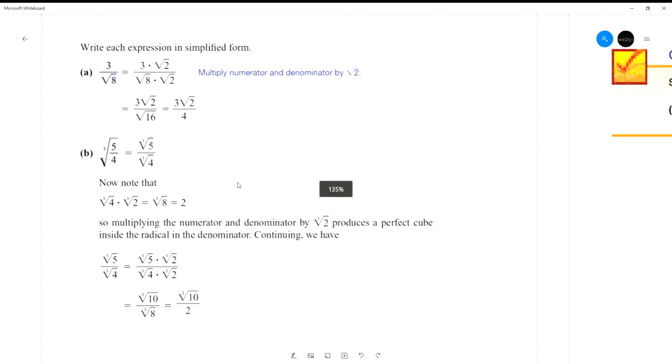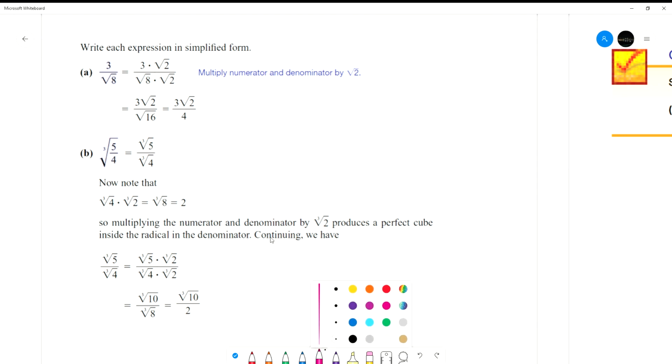Okay. You will see in these problems, let's do them. Okay, so we have 3 over root 8, right? So this is why you don't want to multiply it by itself. Just don't assume that this radical 8 is what you're going to multiply by, because look at what happens here.